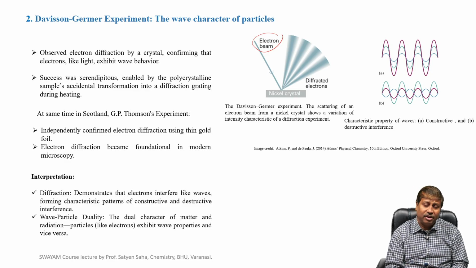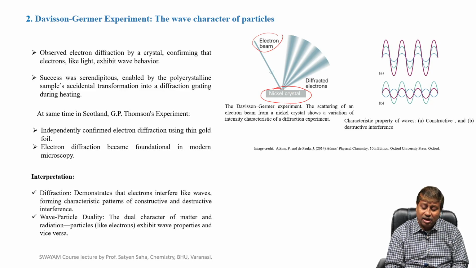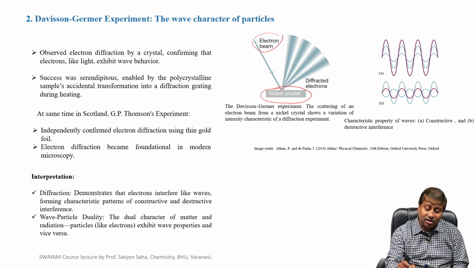This is very interesting, and it was a serendipity; they suddenly observed it. When they were bombarding this nickel polycrystal, there was a heating effect, so that it became a kind of grating, and the electron beam was getting diffracted as a wave.